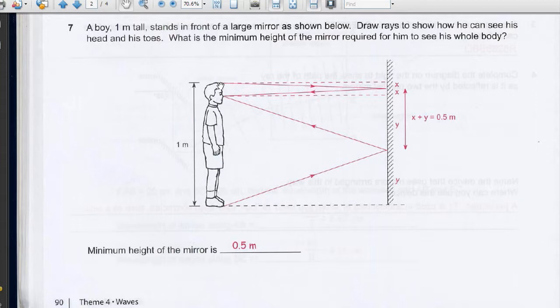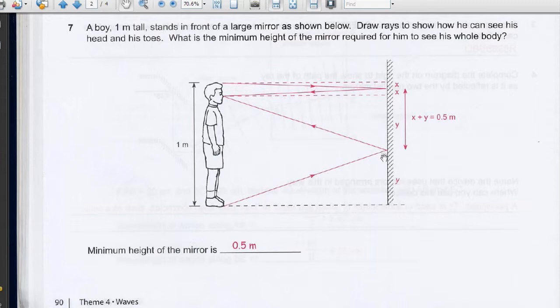The second ray will be from the top of his head, hitting the mirror and coming to his eyes. Only when the light rays come to his eyes can he see the top of his head and the toes. So over here, how do we find the minimum height?